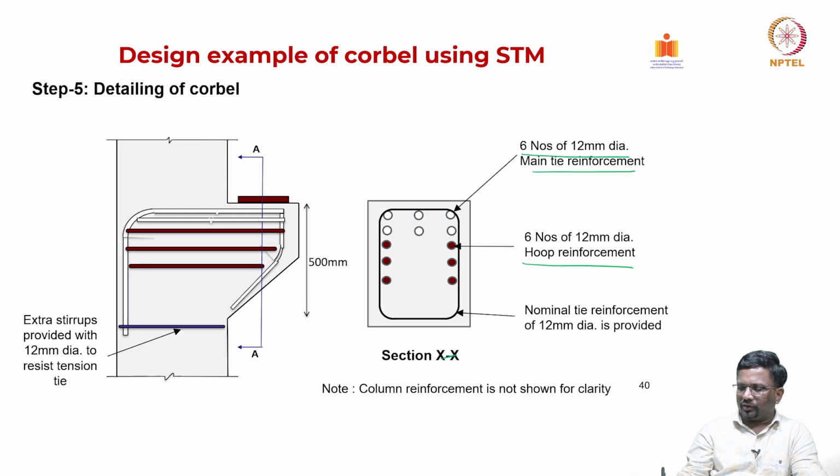Column reinforcement here I am not really showing for clarity, but in addition you will also have column reinforcement going through, right. So, this is the way we designed the corbel using a simple strut and tie model and with some simple design guidelines that we discussed in the initial part of the video.